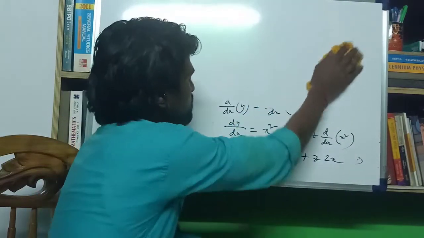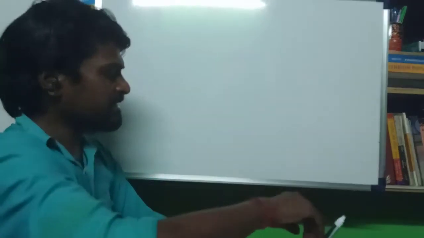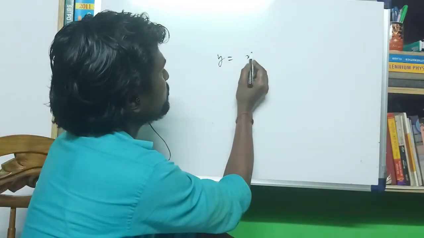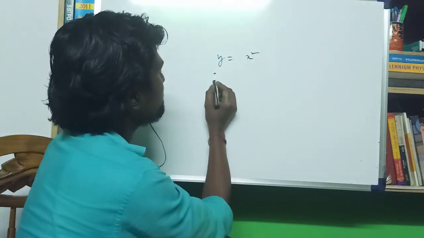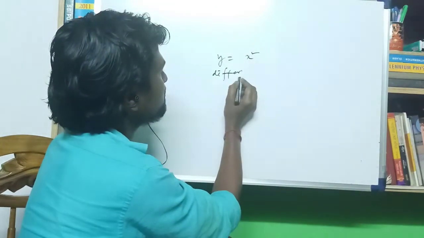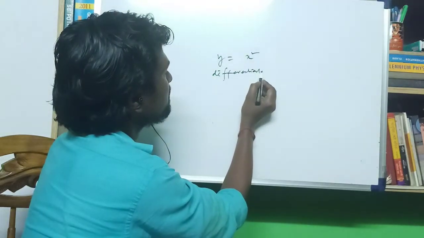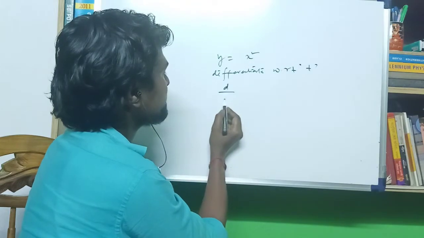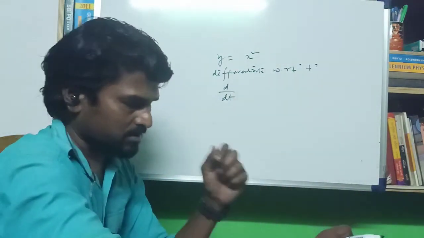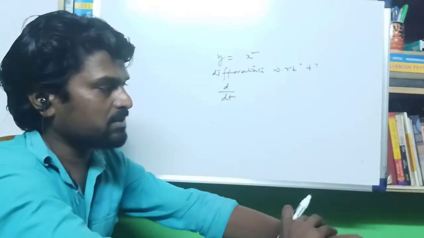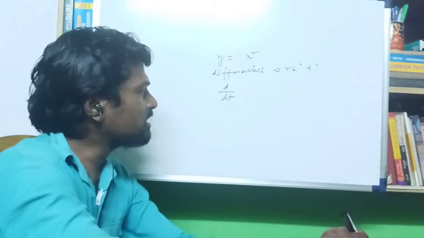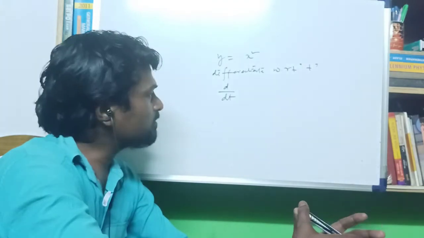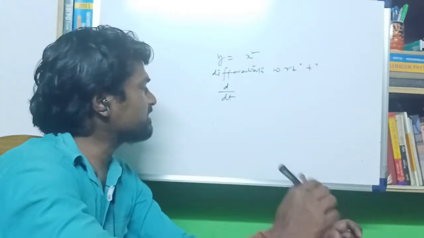And suppose the next derivative is y equal to x square, and it is given to differentiate with respect to t. So you take d/dt. If the derivative is given as with respect to t, then you have to take d/dt. If the differentiation is with respect to x, then you have to write d/dx.